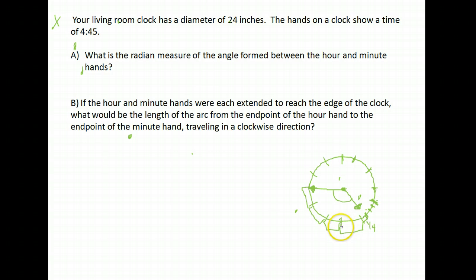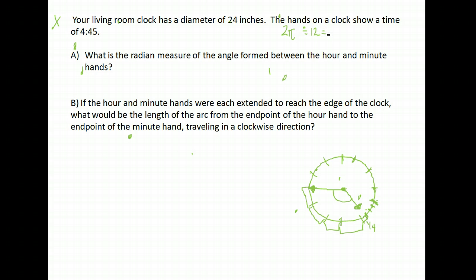Okay. Well, how much is each section worth in radians? How many radians are in a full circle? Hopefully you said that 2 pi radians make a full circle, because it does. And we have 12 sections created by our 12 hours on the clock.